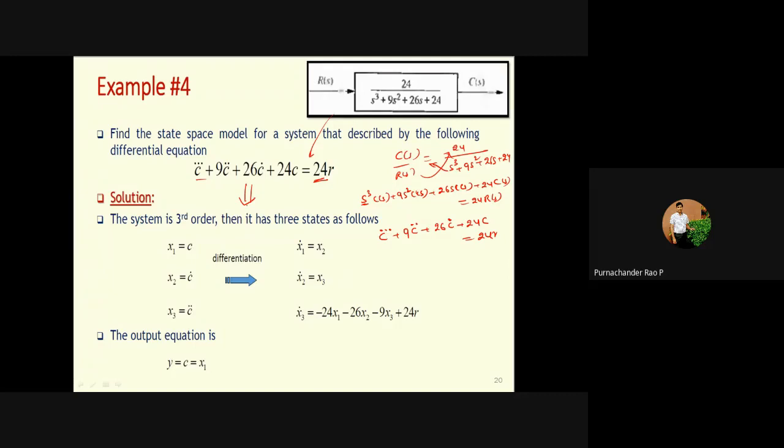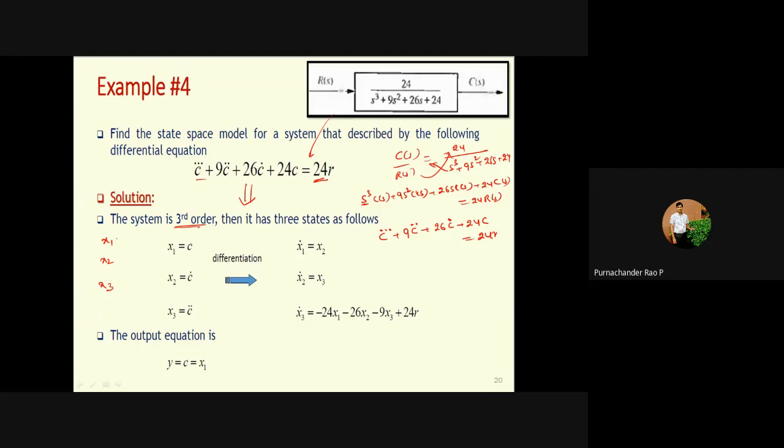ఓకే, సో ఫర్ దట్ వాట్ వి అజ్యూమ్ హియర్ ఇస్, మీకు 3 ఉన్నాయి కదా, this differentiation is with respect to 3, so that means your system is a third order system. Therefore you will have 3 state variables x1, x2, x3. The number of state variables is equal to the order of the system.